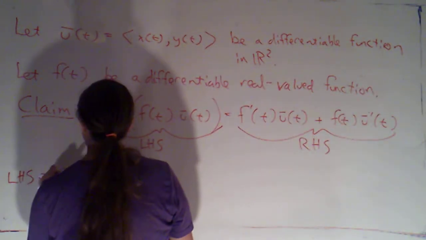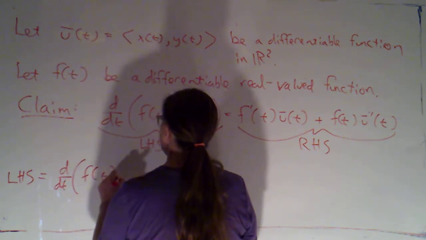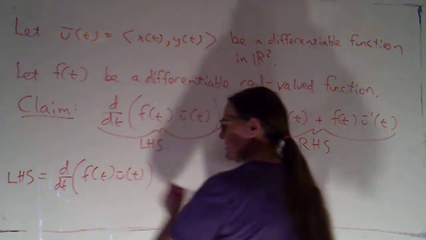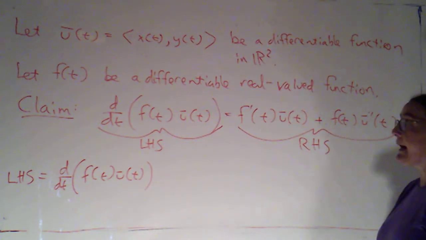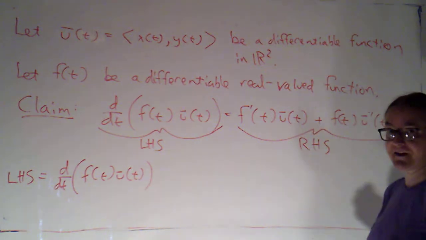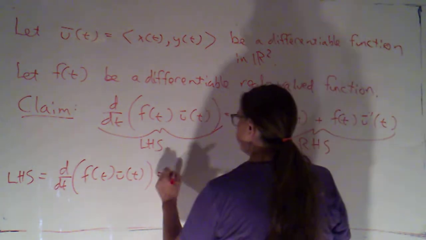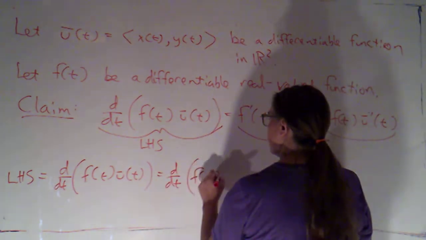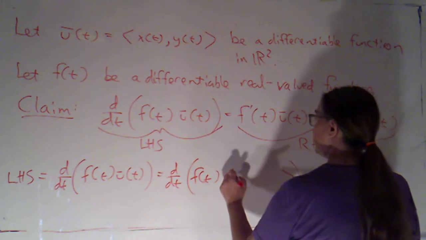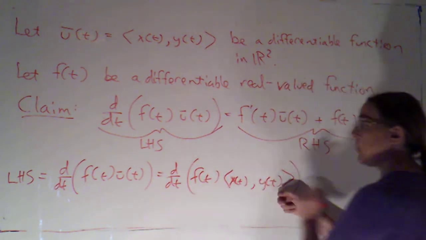So let's just take a look. The left-hand side is the derivative of f of t u of t. I've chosen to start with the left-hand side, and I'm going to try to simplify it. If the key to all of these proofs is to do things at the component level, I want to get to the component level. So we're taking the derivative of f of t, and then u of t was just x of t, y of t.